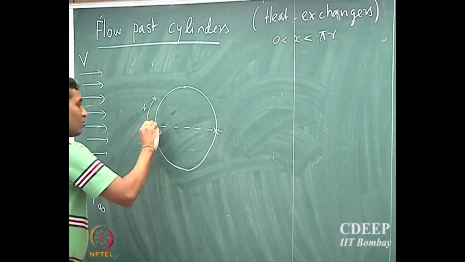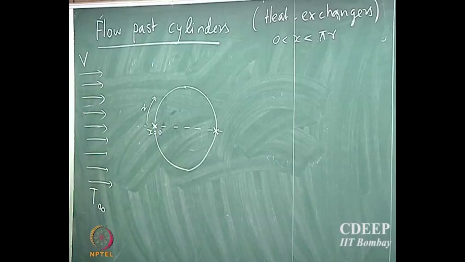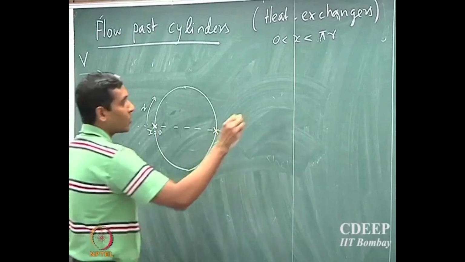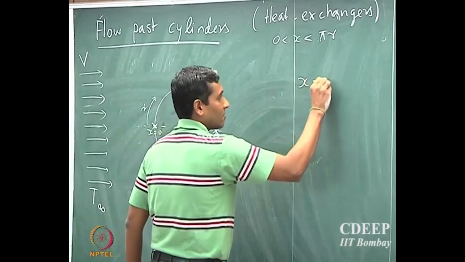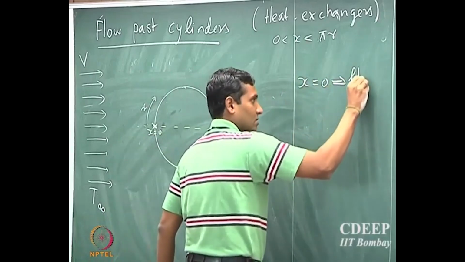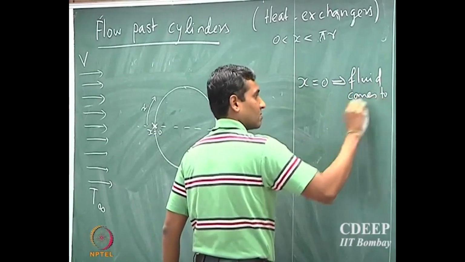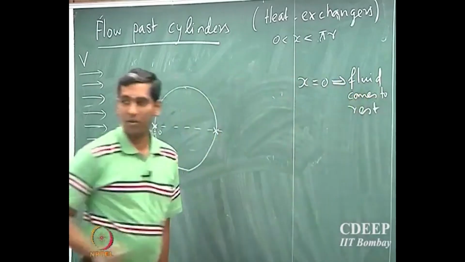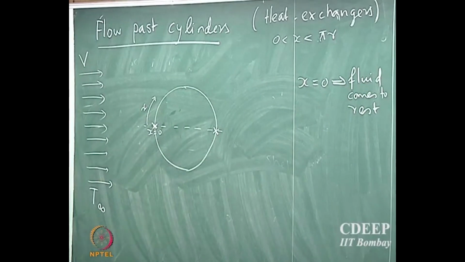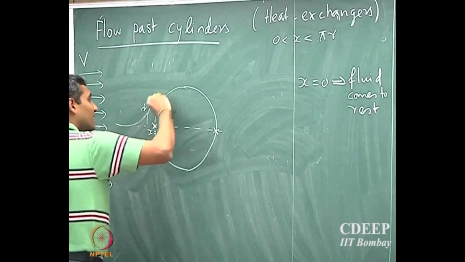And now what will be the velocity of the fluid at x equal to 0? So the fluid actually comes to rest, okay. In fact, if you look at the profiles, you will see that the fluid actually never reaches this position x equal to 0, because they are actually going past this cylinder.